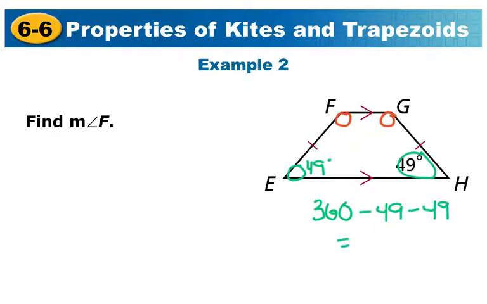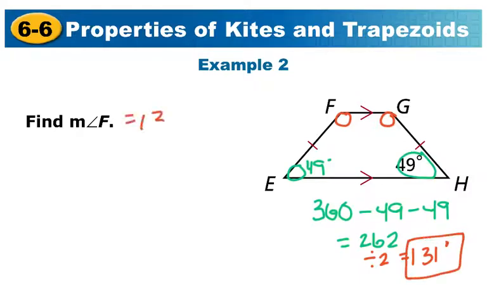And we'll be left with, well, it's almost 100. 262, and from there we have to divide that by 2 in order to get these upper angles that are congruent. So apparently it's 131 degrees for the measure of angle F.